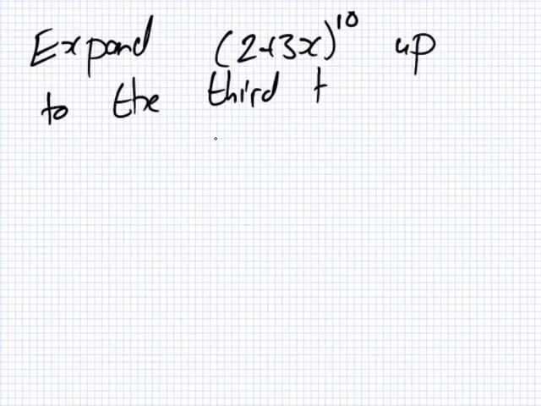So let's have a look at some examples using this to expand. You don't need to use Pascal's triangle if you want to expand. For example, if I have something like minus 2x plus y, cubed. What we do is look at row 3.